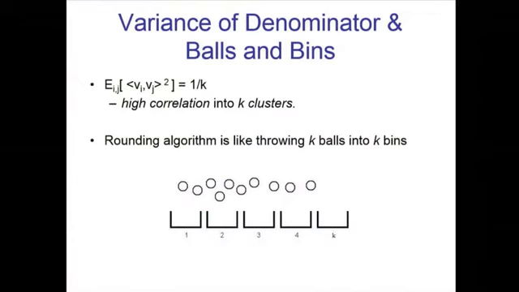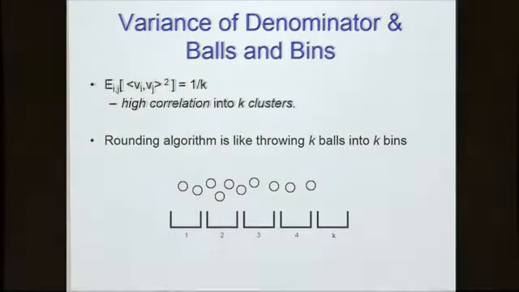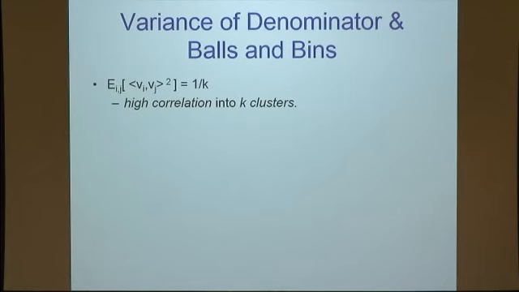So in this part we will crucially use the property that we had of our embedding, that the average value of the inner product square is like 1 over k. And so this already indicates that there is a high correlation into clusters, right? As a thought experiment, just consider the case when any two of the Vi are either the same or orthogonal to each other.